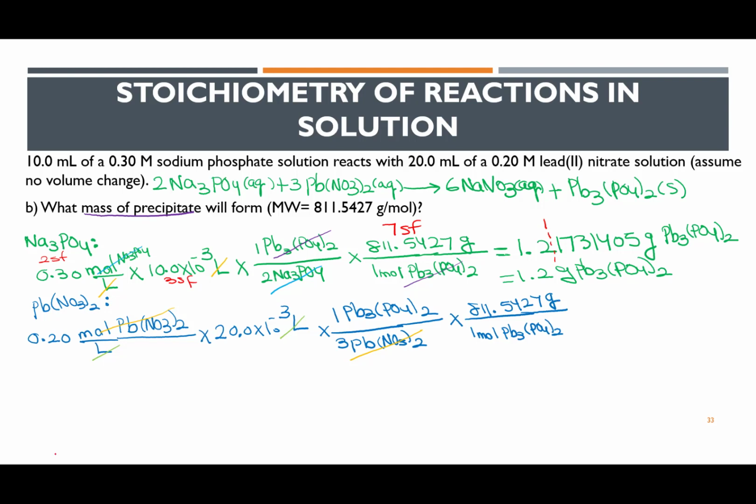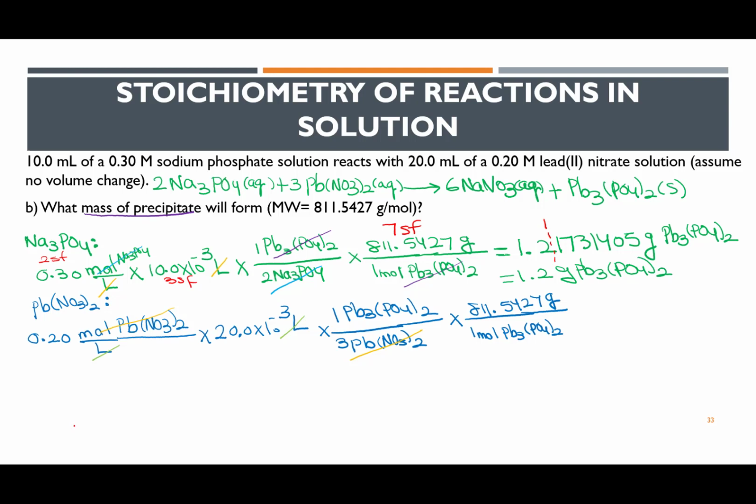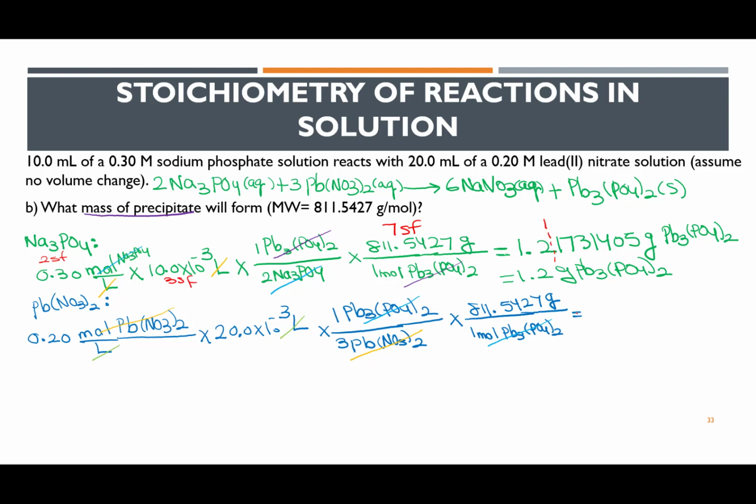Okay, and also as you could see here, I could easily cancel the moles of lead 2 phosphate. Then if you do the calculation, the mass of lead 2 phosphate will be 1.0820569 grams of lead 2 phosphate.